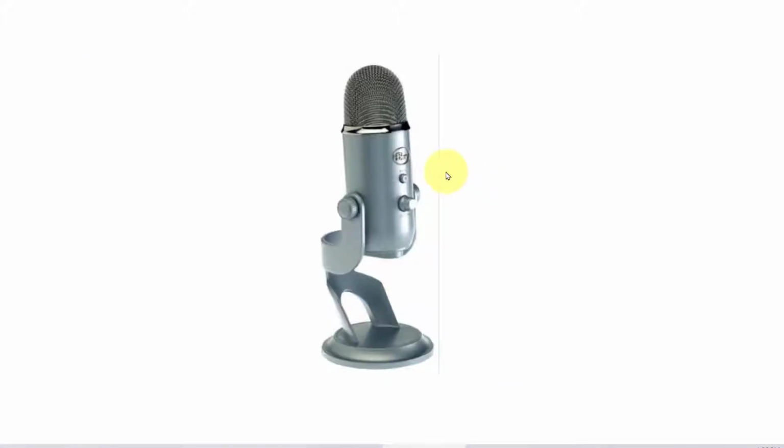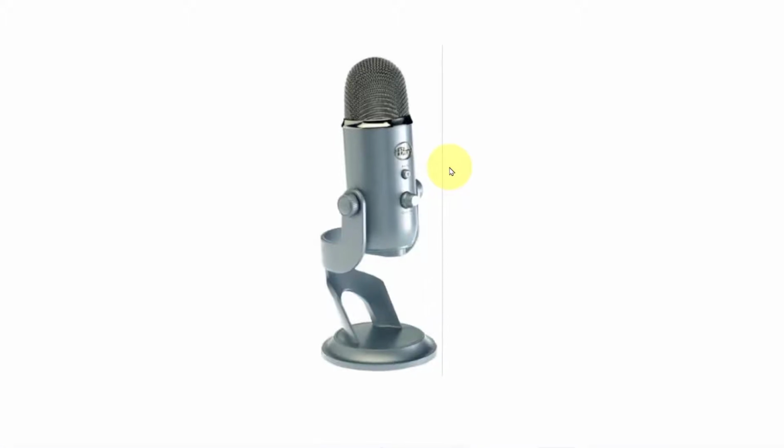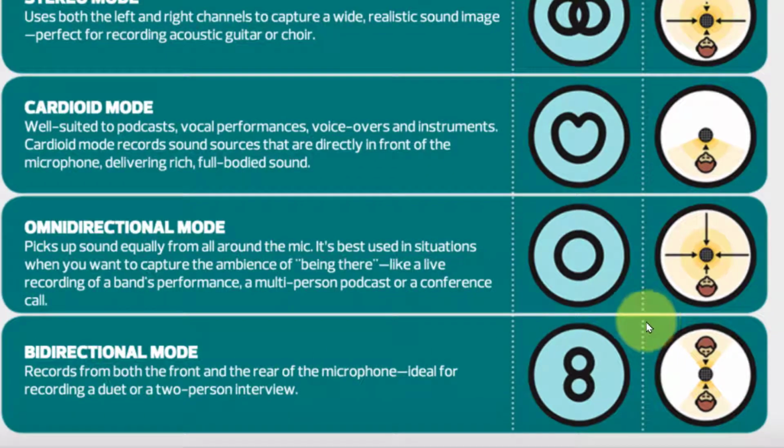Now I tend to use this Blue Yeti mic, and one of the reasons is that it has a direction function. You can have it bidirectional, so on one side and another, or cardioid mode. Cardioid means it's only taking in the voice at the front.